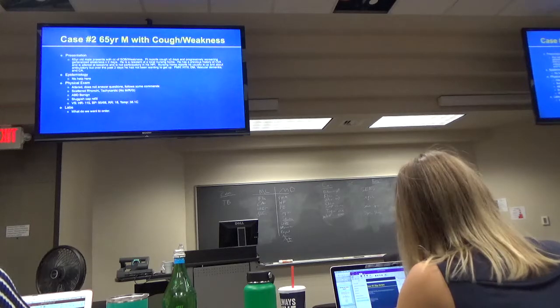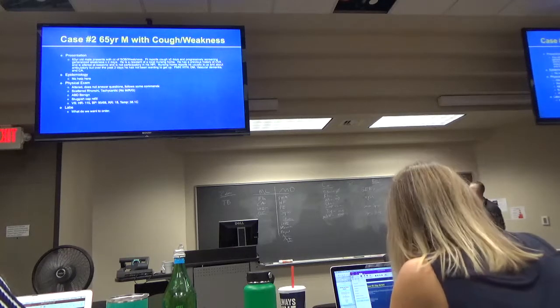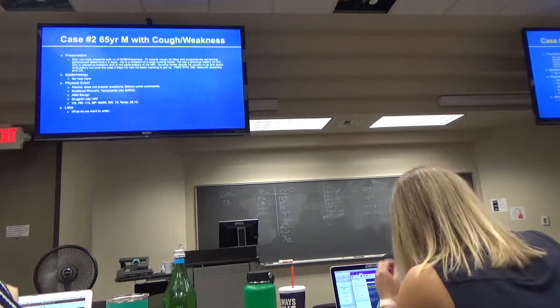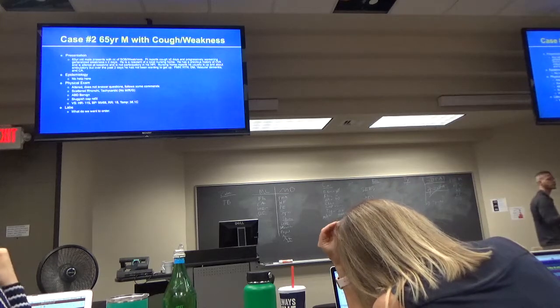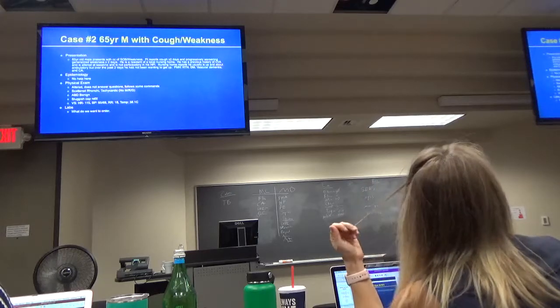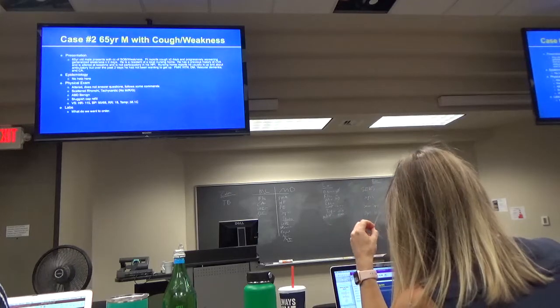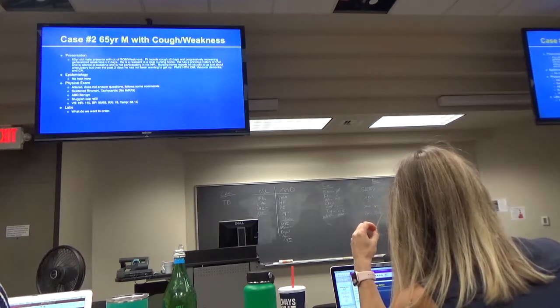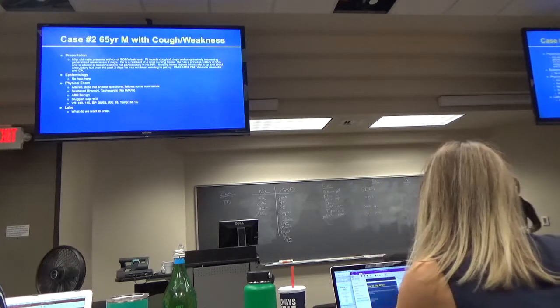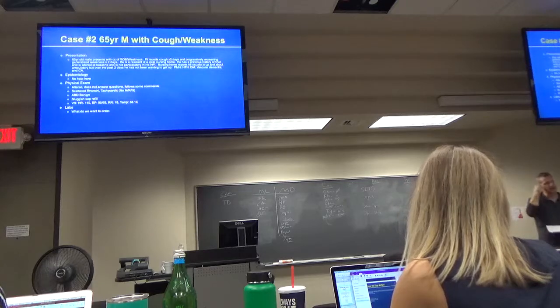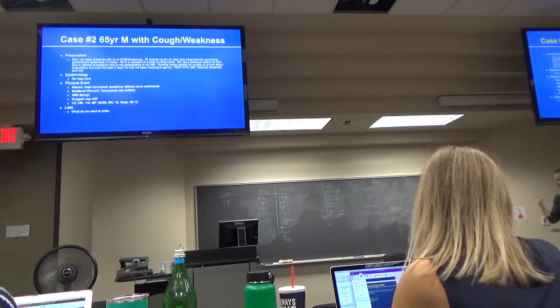SOFA has very good specificity, meaning that if you are SOFA criteria positive, you do have sepsis, but it has low sensitivity, meaning you miss a certain number of sepsis. Now, I don't have the numbers memorized off the top of my head. I looked at them the other day.